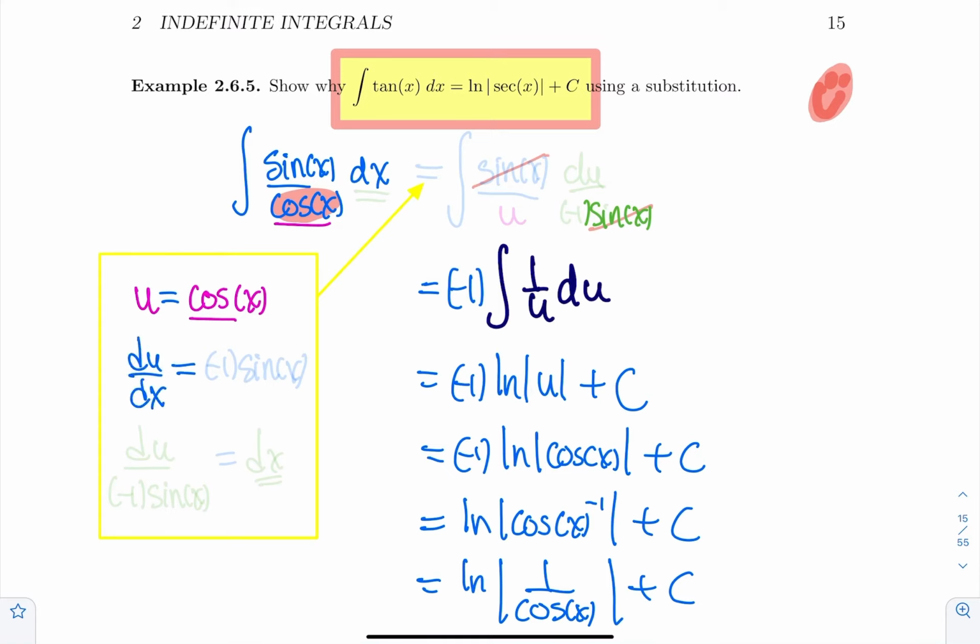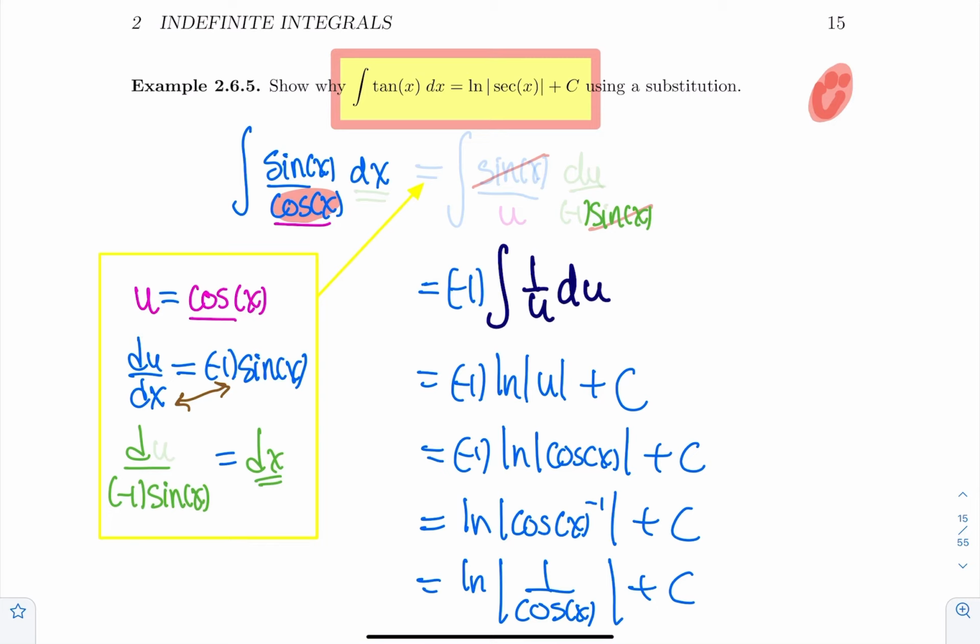So the derivative of cos is minus sine of x, and then you isolate dx, so it's always the same thing. You just swap the dx in the formula. So here you get du over minus sine is equal to dx. So I have a formula for dx.